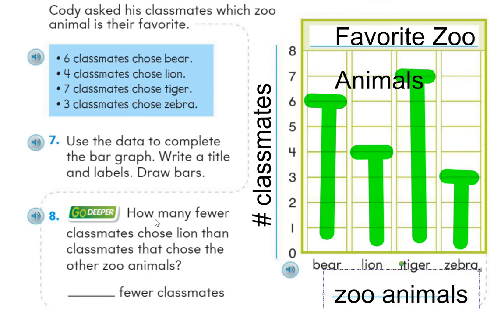And it says how many fewer classmates chose lions than other zoo animals. So we have lions. How many fewer classmates chose lions than classmates that chose other zoo animals? So we have 4 who chose lions.